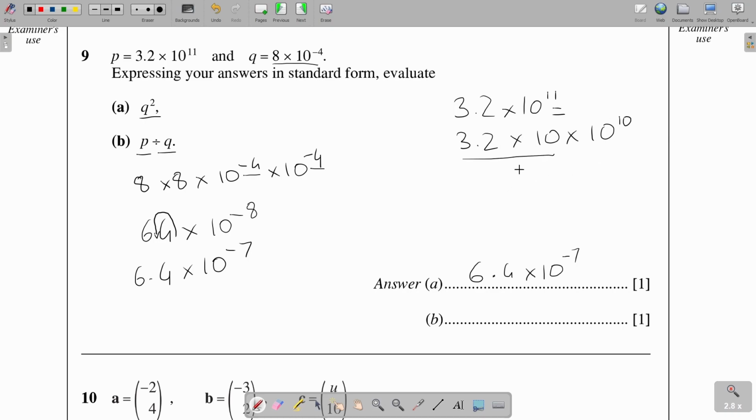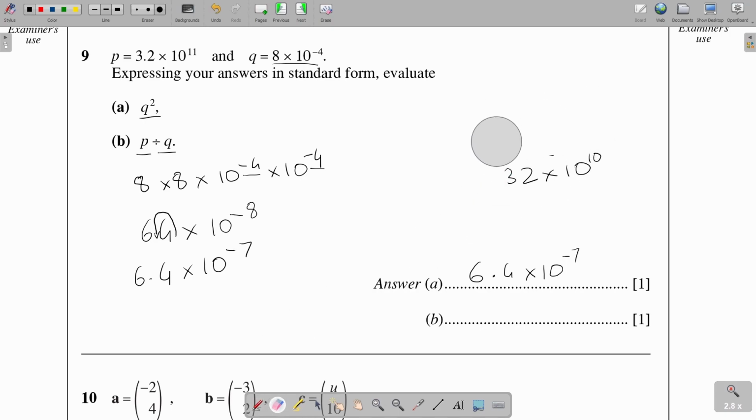If we just solve this out, this would make 32 into 10 to the power of 10, right? So I'm just gonna use 32 into 10 to the power of 10. Okay, and divide that by 8 into 10 to the power of minus 4.